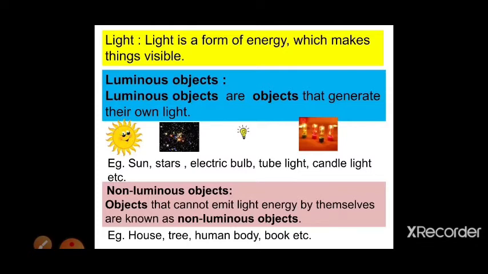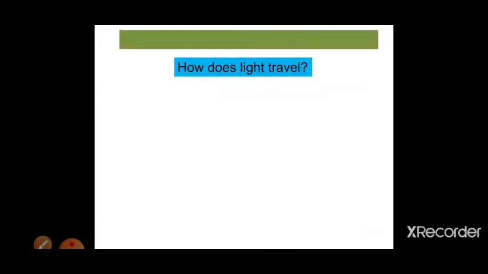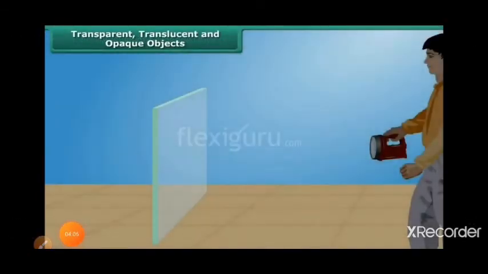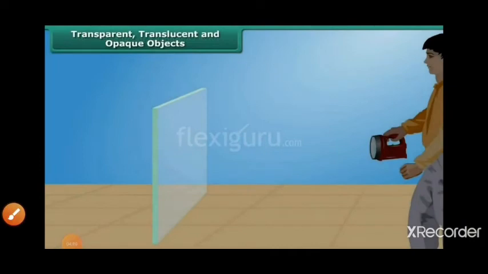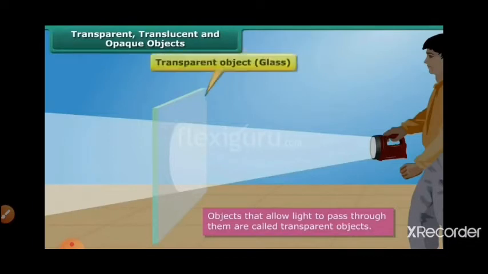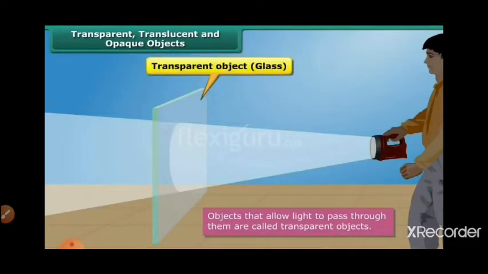Now these objects can also be divided according to passing the light through them into 3 types. These are opaque, transparent and translucent. Okay, let's see one video. The object, if you observe, allows the light to pass through, like glass, very thin transparent paper.